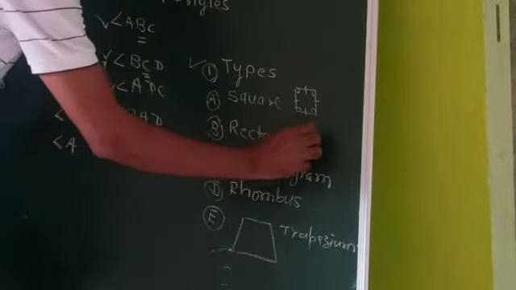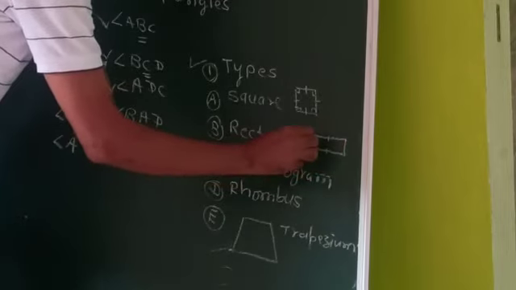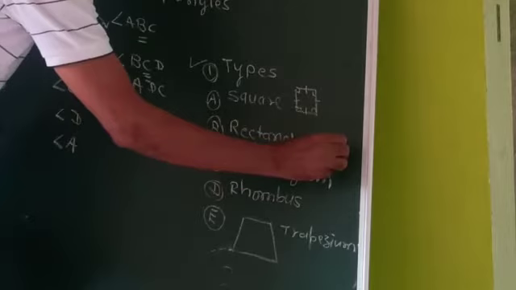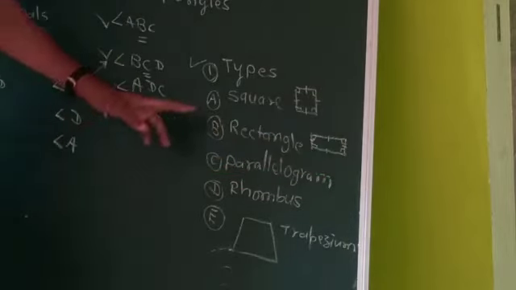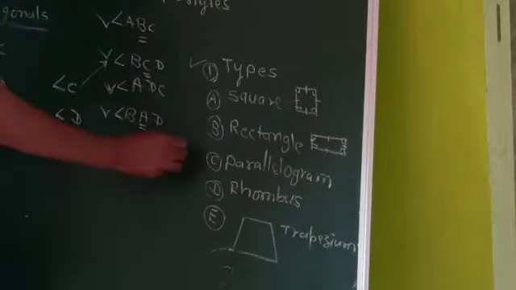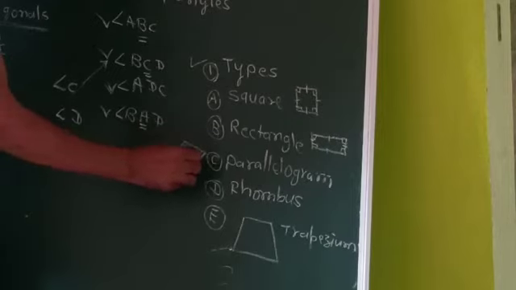What about a rectangle? Opposite sides are equal and parallel, and each angle is of 90 degrees in a rectangle. In a parallelogram, opposite sides are parallel to each other, and opposite angles are congruent to each other.